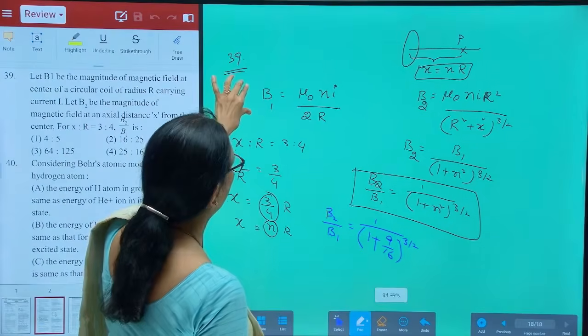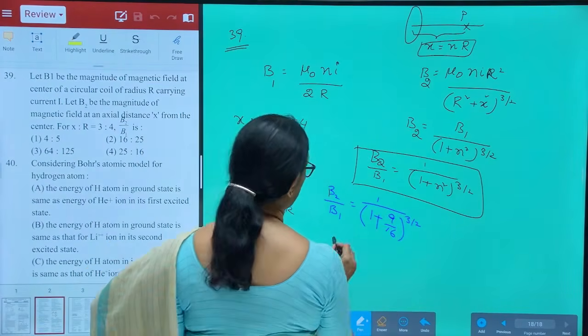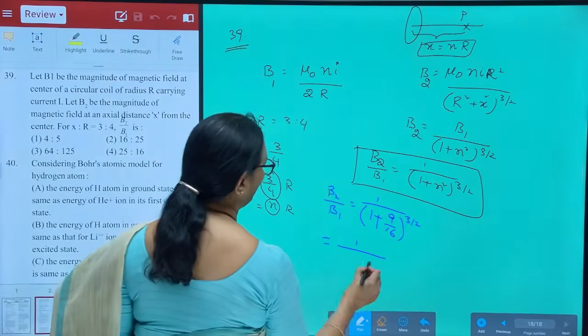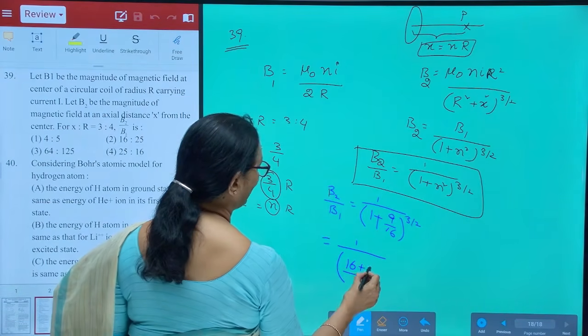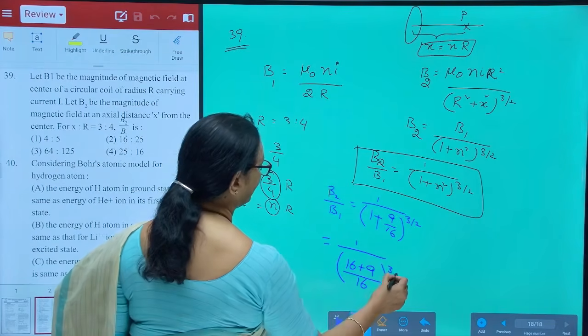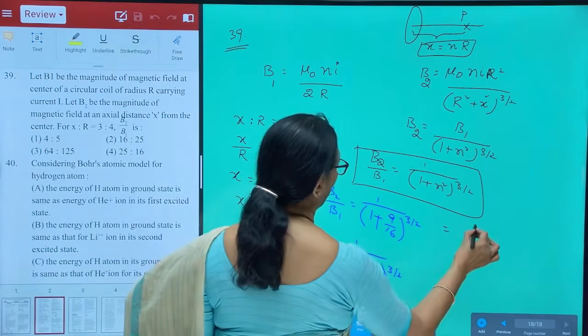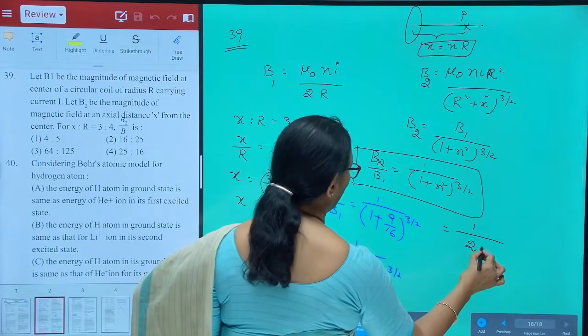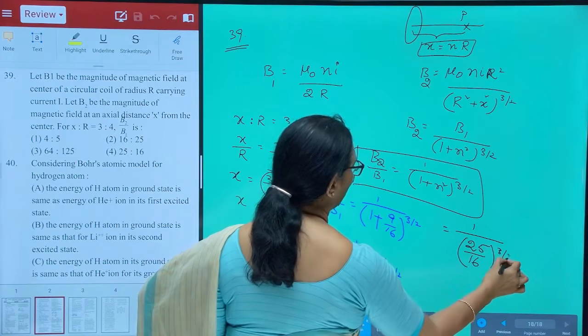So we need to do the calculation part carefully. This is equal to 1 by, if you take LCM as 16, (16 plus 9 by 16) to the power of 3 by 2. So this is equal to 1 by (25 by 16) to the power of 3 by 2.